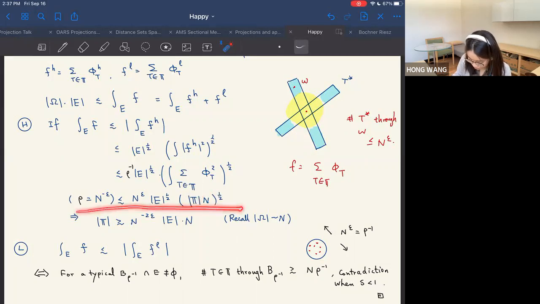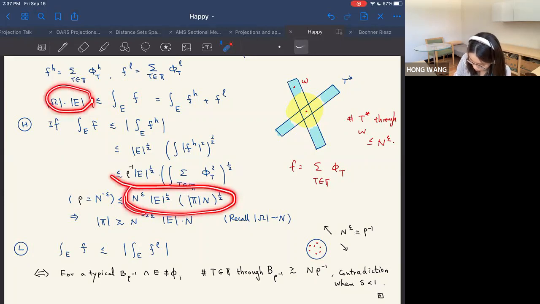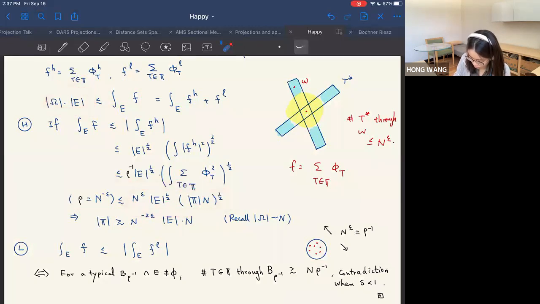So we have that. And then recall that the integral of f on E is like n times E. So omega is the number of directions, that's about n. If we do some algebra and say this term is bounded by this term, then we can calculate that the number of tubes is greater than n to the minus 2 epsilon times the number of unit balls in E times n.